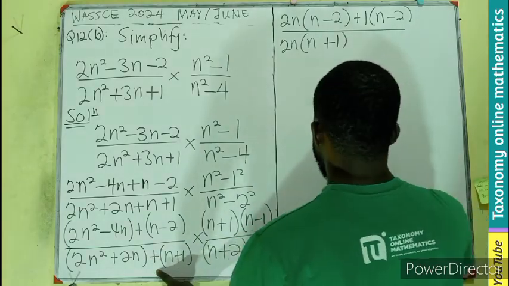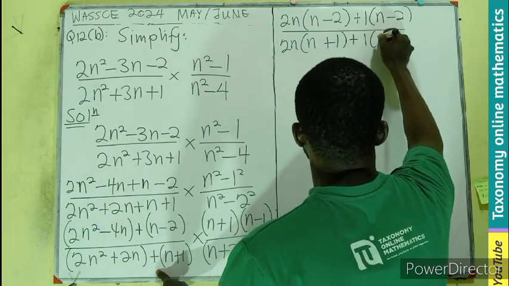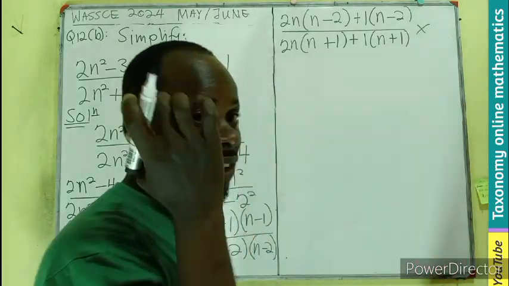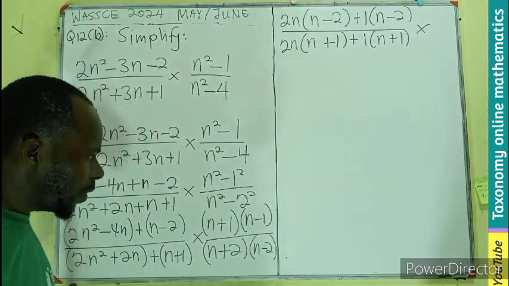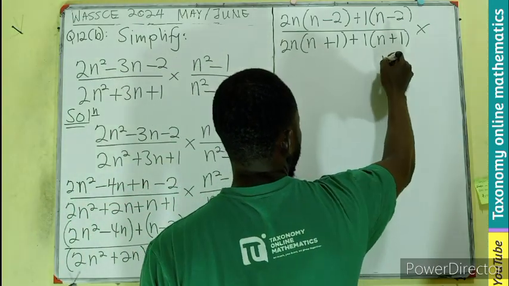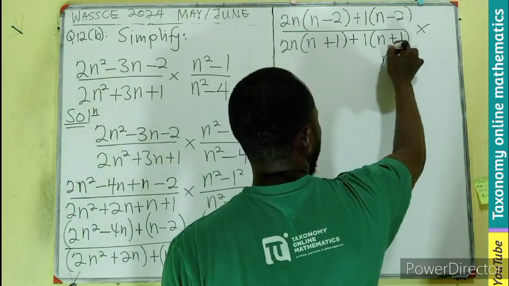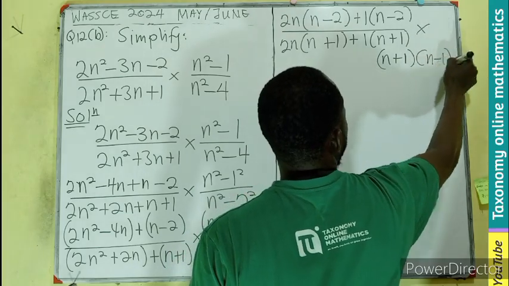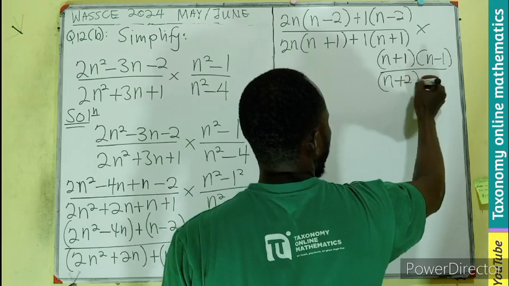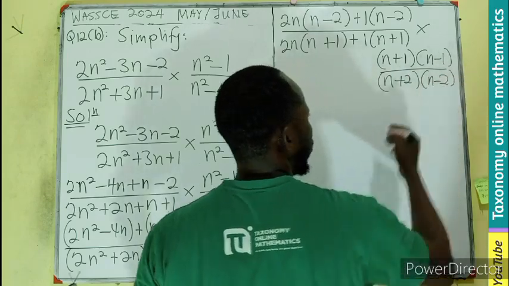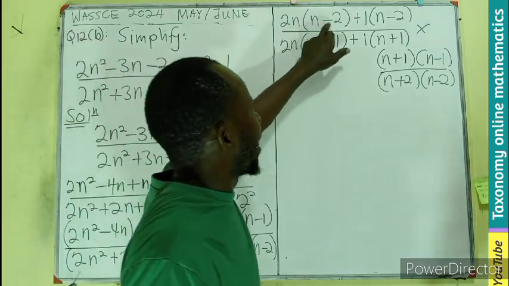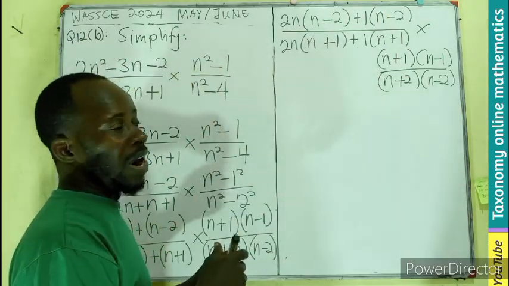What is the common factor here? 1, times n plus 1. We don't have the space, so we are going to repeat that down below. So I'll be having n plus 1, n minus 1, n plus 2, n minus 2. You know it's multiplication. The brackets are the same, so that becomes another common factor.